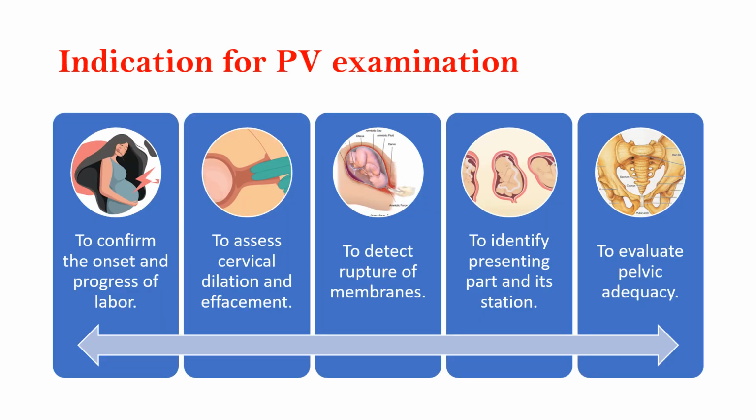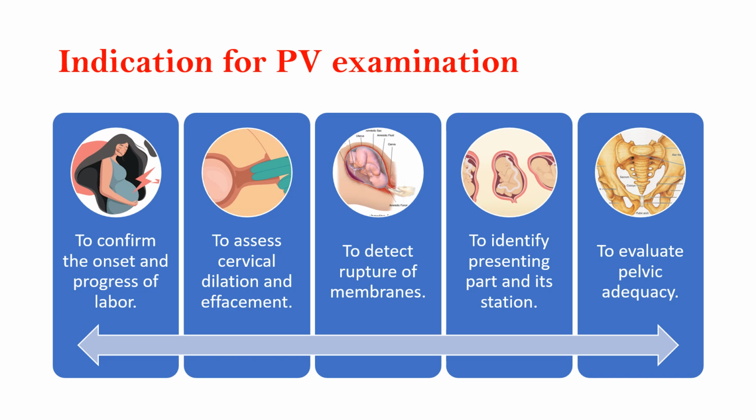Okay, so the indications for per vaginal examination. When are you supposed to do this per vaginal examination? First is to confirm the onset and the progress of labor. Second is to assess the cervical dilatation and effacement, like whether it is 1 centimeter dilated, 2, 3, 5, whatever.